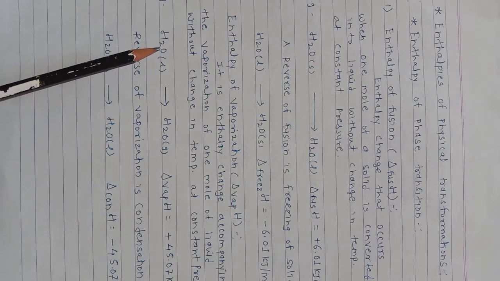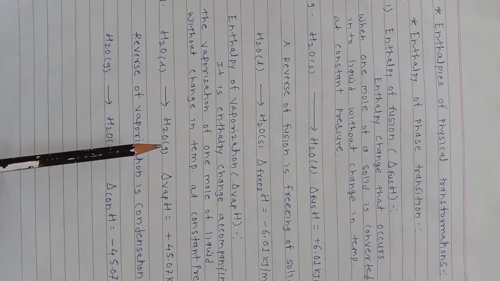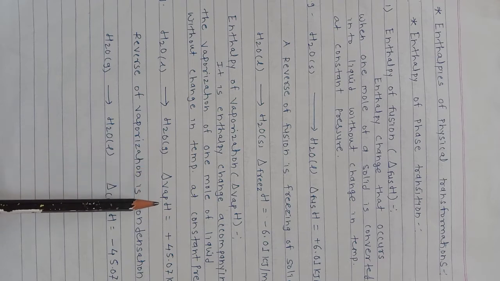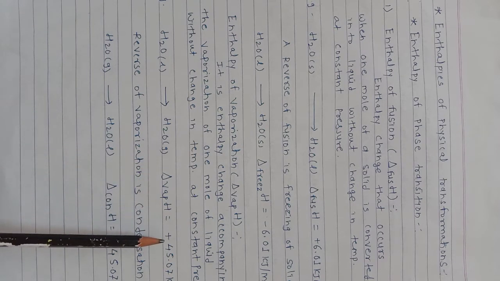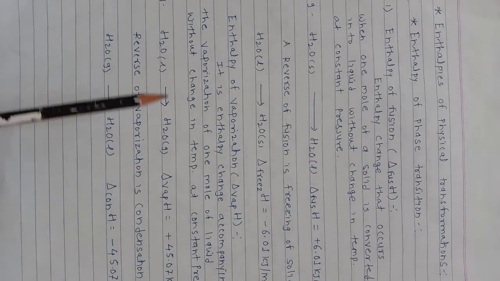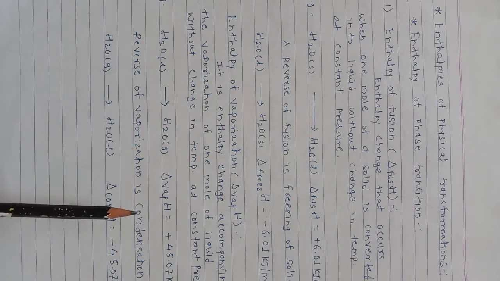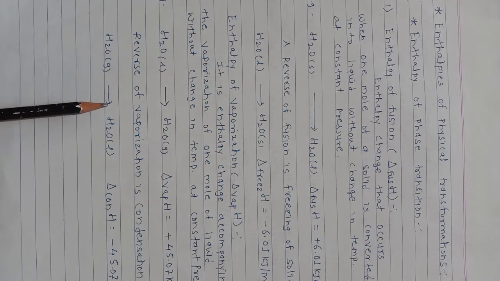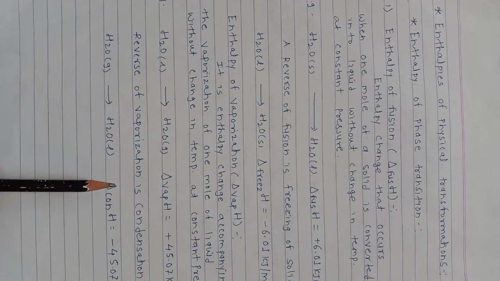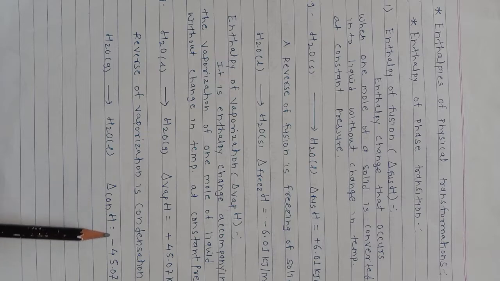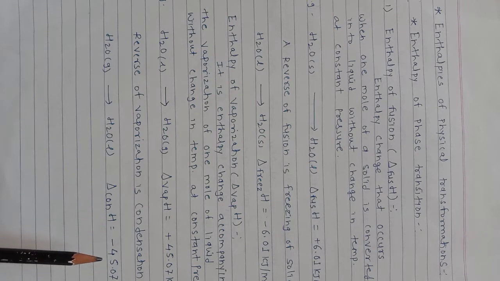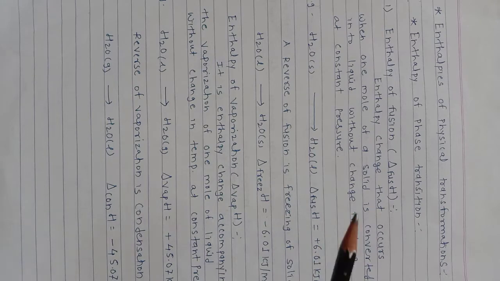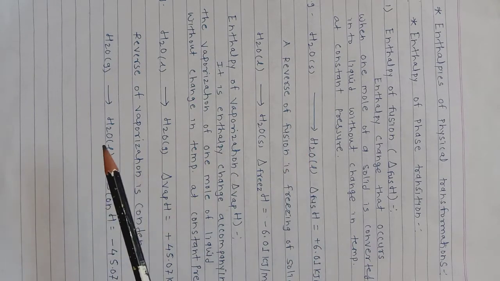For example, H2O liquid is converted to H2O gas, where delta vap H requires plus 45.07 kilojoule per mole. The reverse of vaporization is called condensation. H2O gas is converted to H2O liquid, delta cond H is minus 45.07 kilojoule per mole.